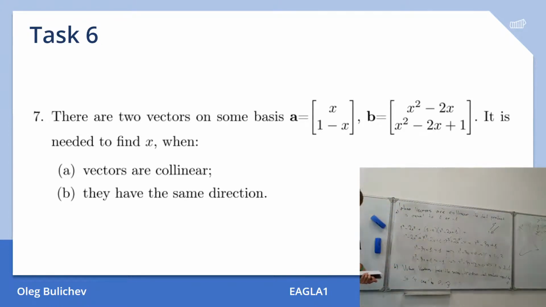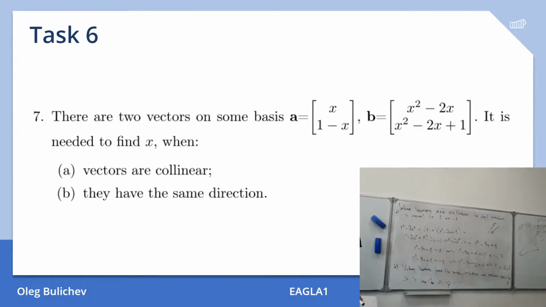The dot product is equal to the product of the lengths. Could you explain? Try to speak in English. Yes, it sounds stupid, but you should try.